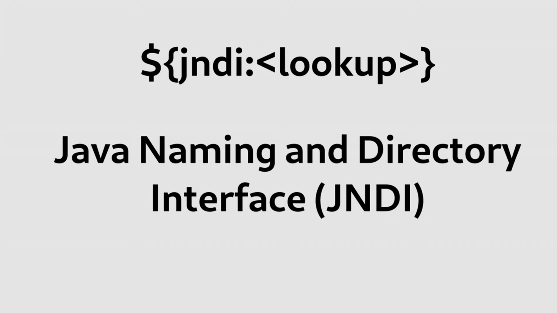So JNDI, the Java Naming and Directory Interface, is a Java API for directory service that allows Java software clients to discover and look up data and resources in the form of Java objects via a name. If Log4j sees JNDI in the logs, it makes a request to an external resource. These requests can be different.